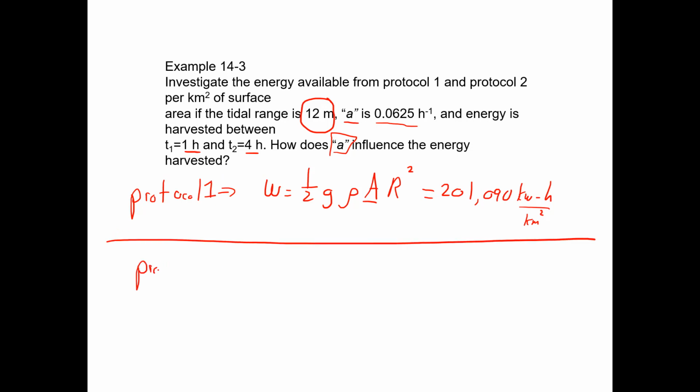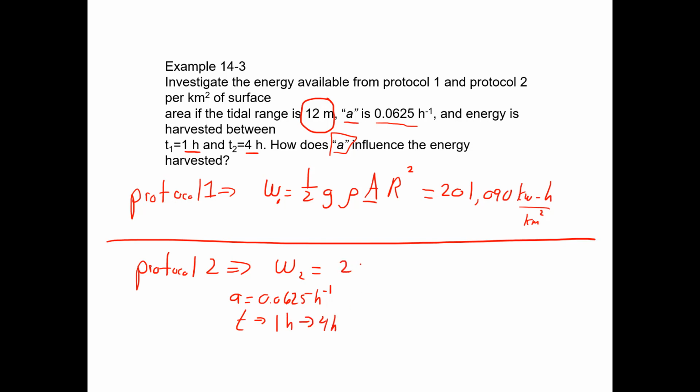If we look at protocol 2, assuming that A is equal to 0.0625 per hour, and I'm not going to fill in the whole equation, this is for spreading the power extraction from a time of 1 hour to 4 hours.